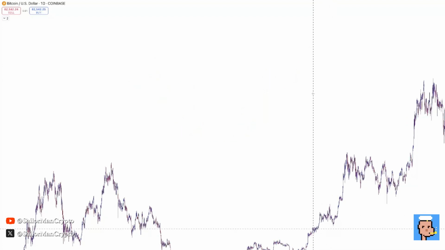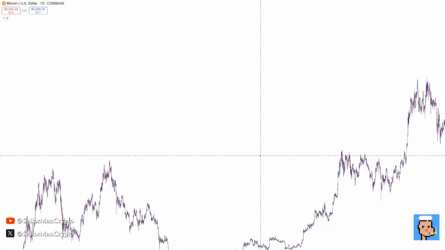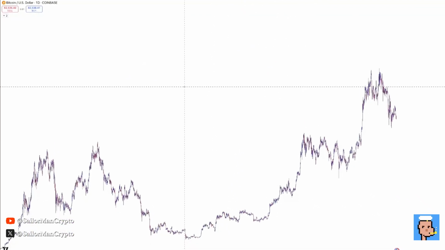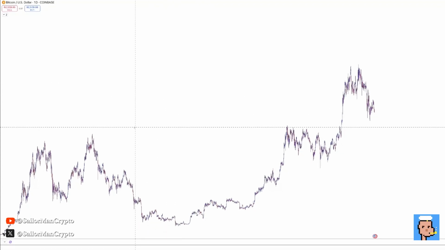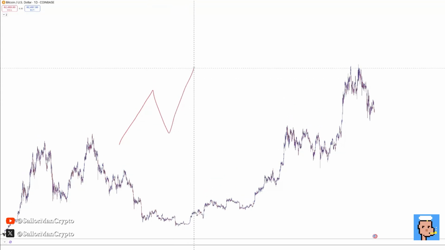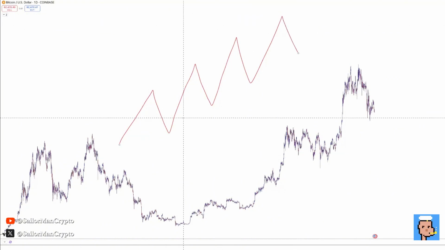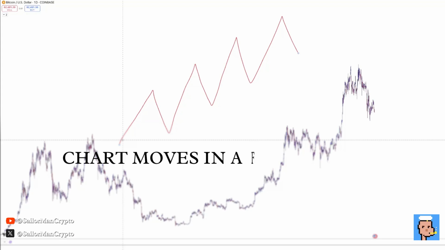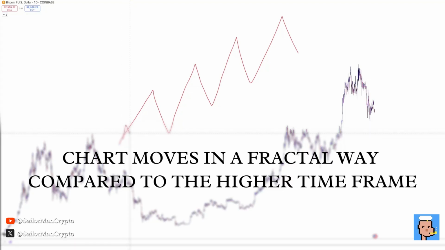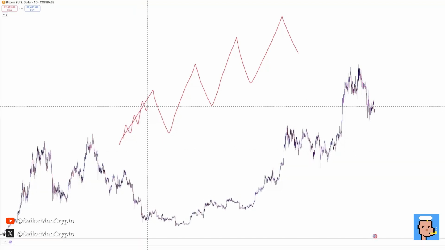A very important concept in order to understand the trend reversal strategy is that price is fractal. So whatever the price is moving in high time frame, let's say the one that I'm drawing could potentially be a weekly chart or a daily chart, in lower time frame, this chart is moving in a fractal way comparing to the bigger time frame.